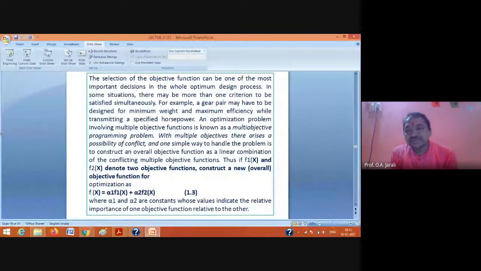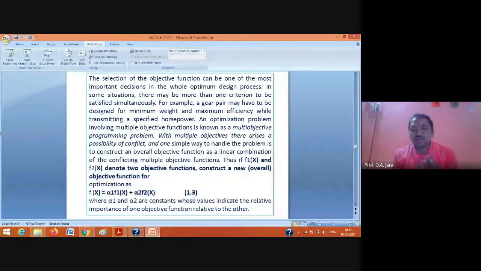In the last lecture, we discussed one example: the design of a gear, a gear train. According to strength, its width is important; according to strength, its weight is important. But what you require is that the gear should have sufficient parameters along with being light in weight. If it is too light in weight, then it will not give you the proper strength.